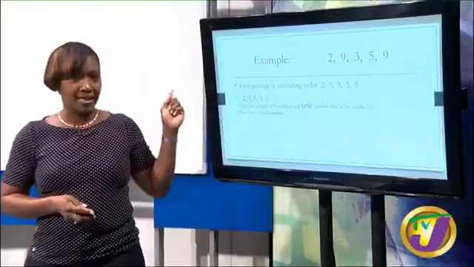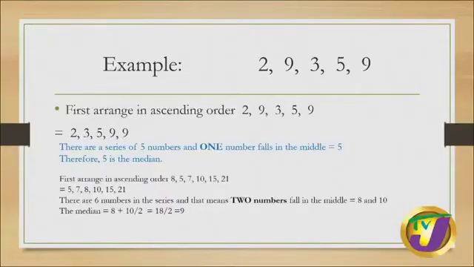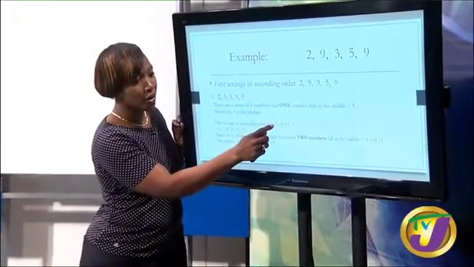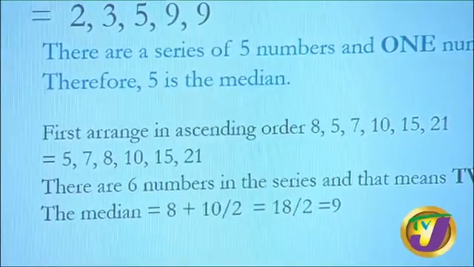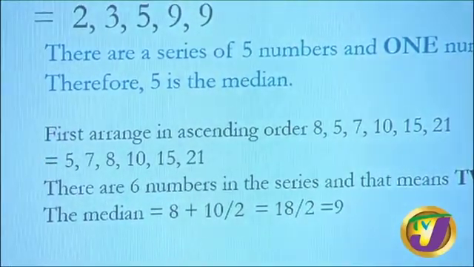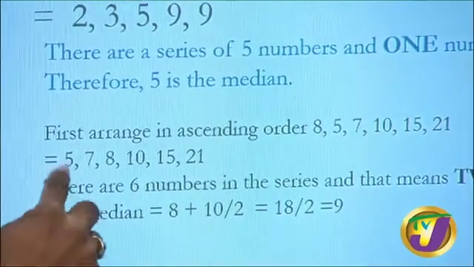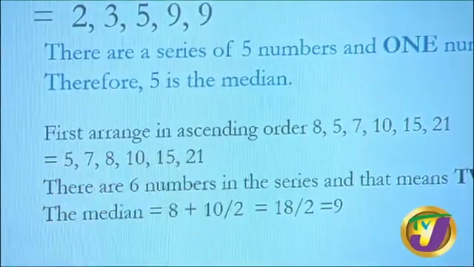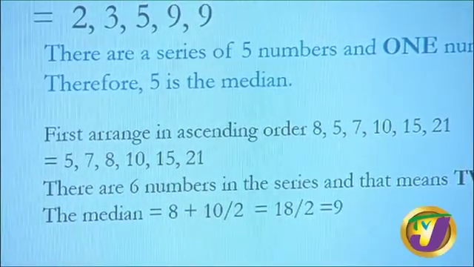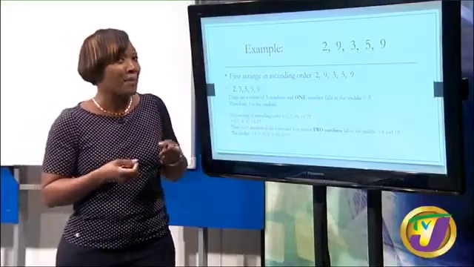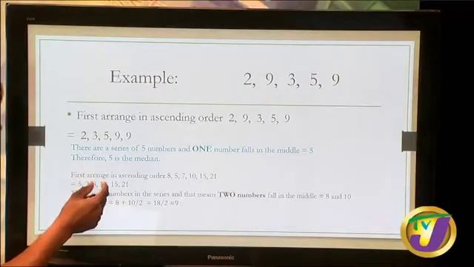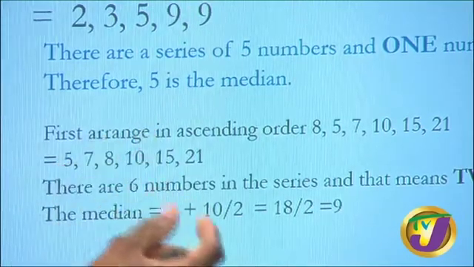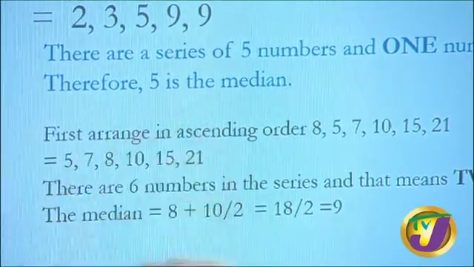Now, remember the thing I said I wasn't going to show you yet? Let's look at it now. If you have 1, 2, 3, 4, 5, 6 pieces of data, you're going to do the very same thing, arrange them in ascending order. So now we have 5, 7, 8, 10, 15, 21. There are 6 numbers. Can you find a middle? Yes, you can. The middle, however, in this case, has 2 numbers. 8 and 10 appear in the middle. So now let's clear that up a little.